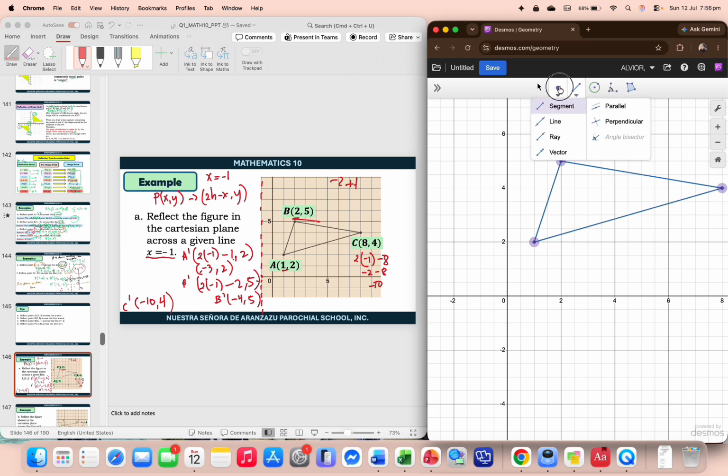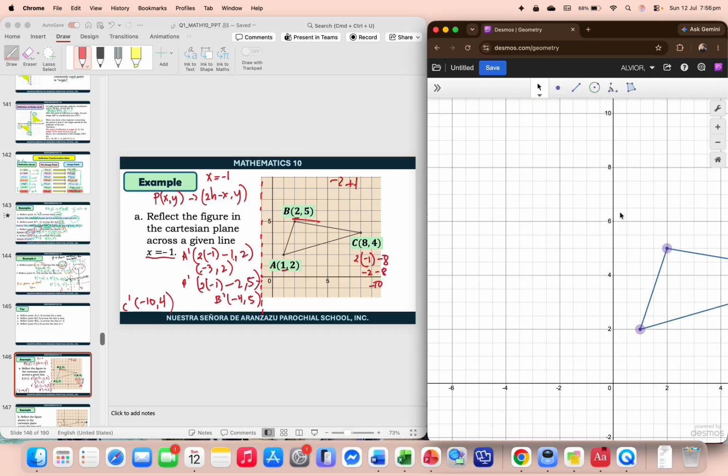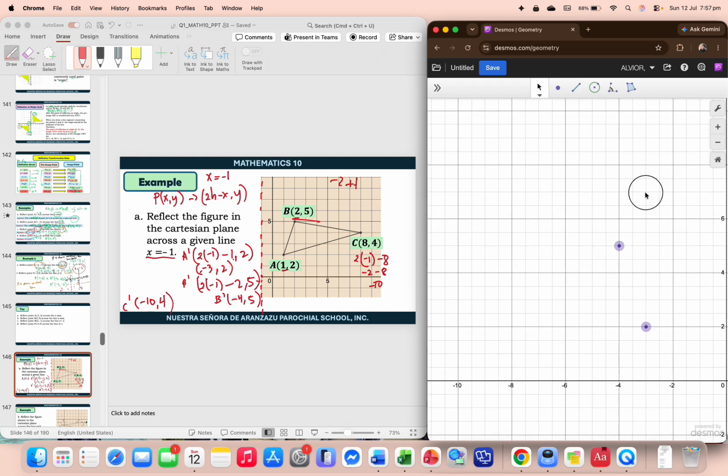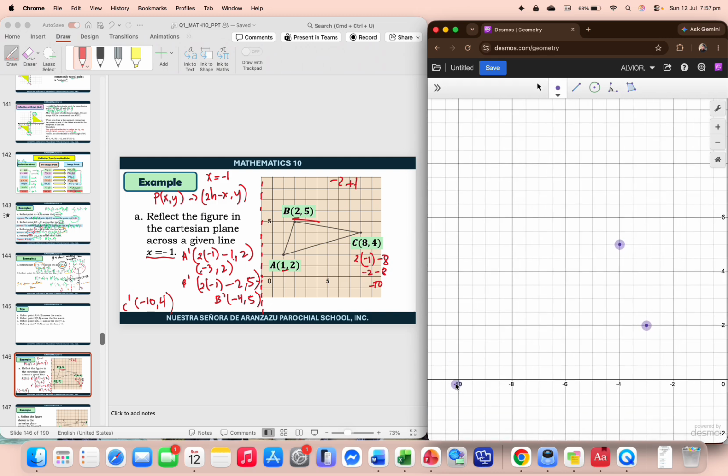Then, yung reflected points naman niya, is located at point A, negative 3, 2. So, ito yun. Then, negative 4, 5. So, dito yan. Then, negative 10, 4. Ito. Then, draw a line connecting these points.